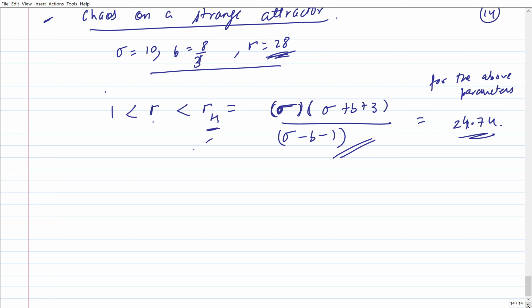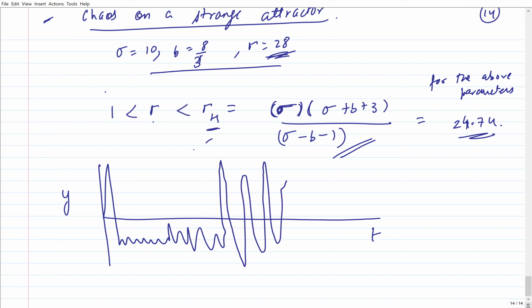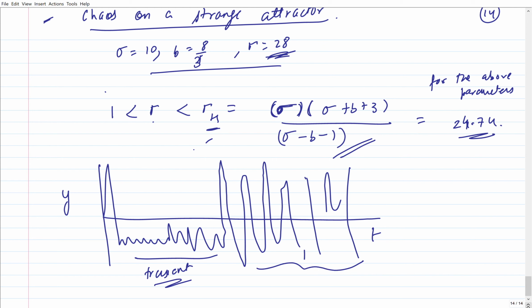So if you plot y as a function of time, he noticed that after this transient, the trajectory settles onto some sort of aperiodic oscillations.